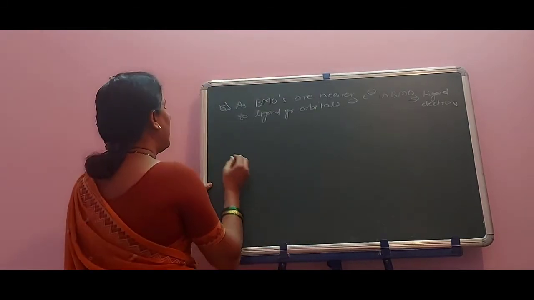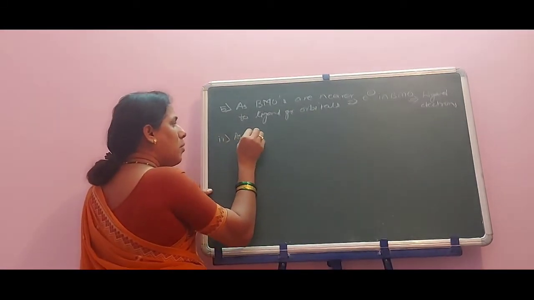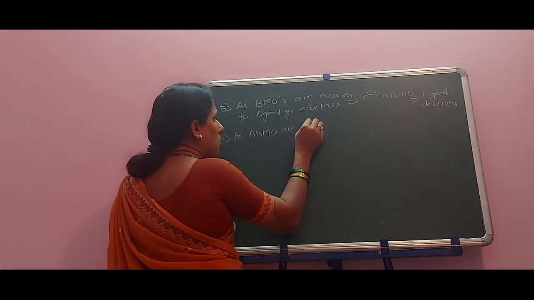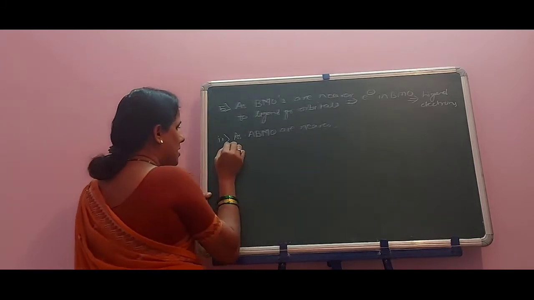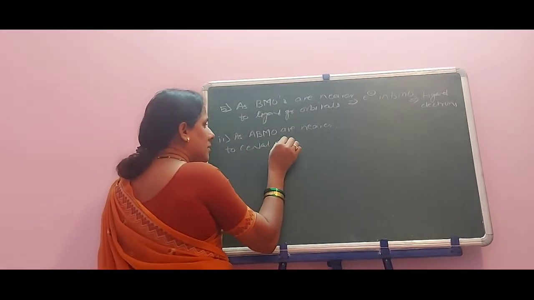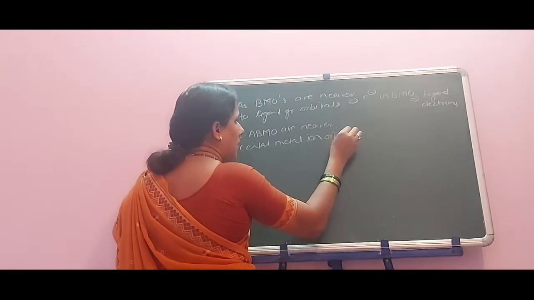The second point is that antibonding molecular orbitals are nearer to which orbitals? That is, to the central metal ion orbitals.